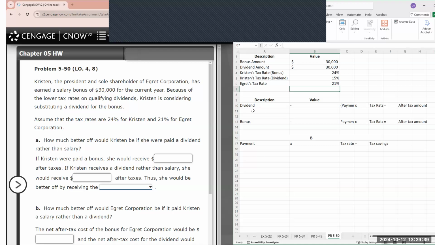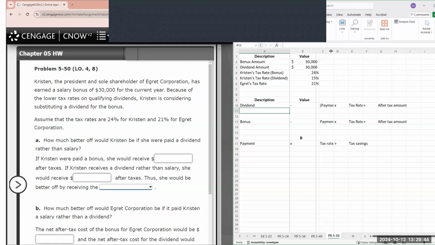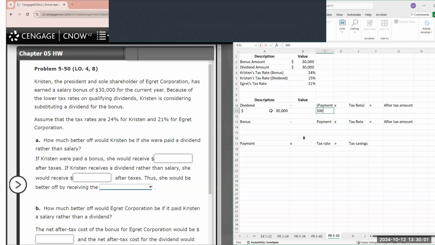So if the amount were treated as a dividend, it would be the payment of 30,000 multiplied by the tax rate of 15%. The after-tax amount would be as follows: 30,000 minus the 30,000 times the 15%.